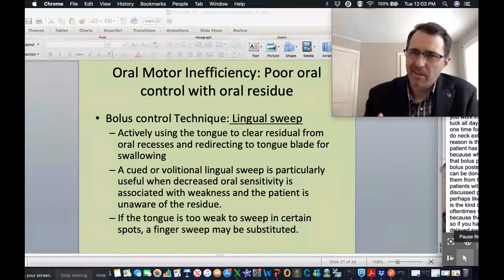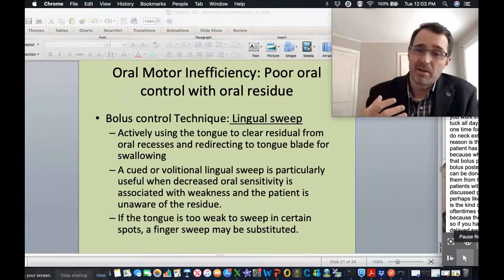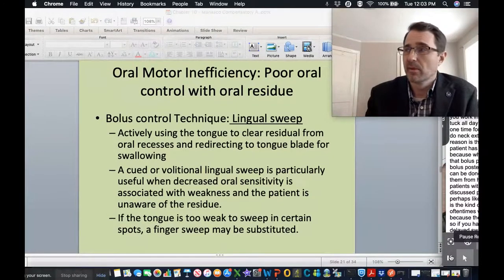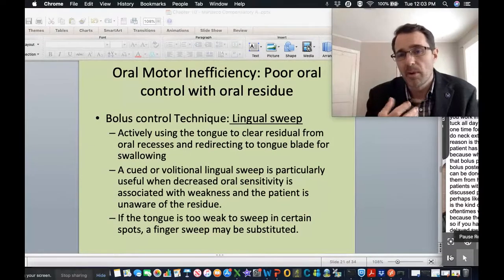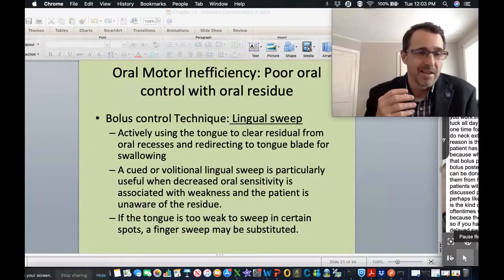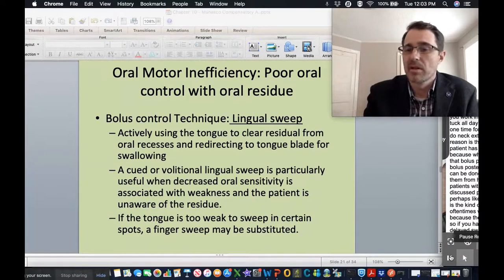Oftentimes, you'll see a lot of oral stasis in patients that have lingual weakness, but also decreased sensation from the tongue. So not only are they unable to really move their bolus appropriately, but they're not sensing when parts of that bolus are getting into places where it's not supposed to be.